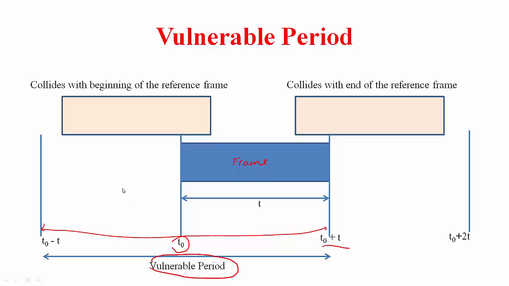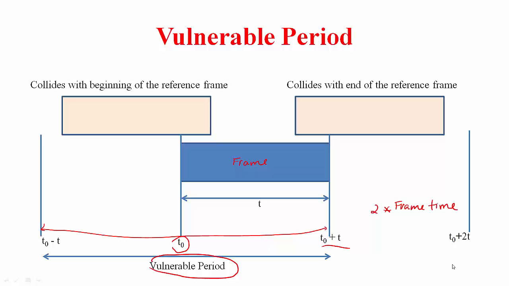If packet transmission starts somewhere here, it is going to overlap with this particular frame. Similarly, if packet transmission starts anywhere in this interval also, it is going to overlap with this particular frame. So as you can see, the vulnerability period here is twice the frame time.